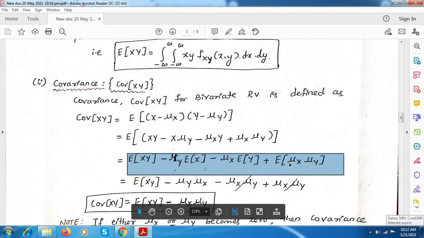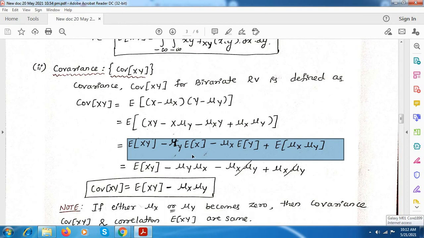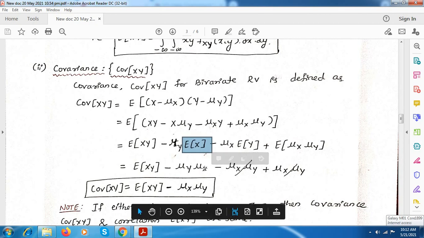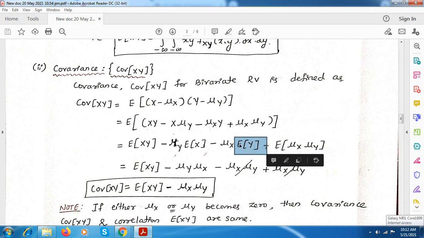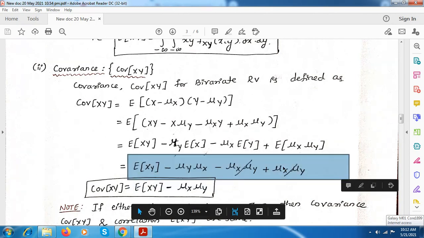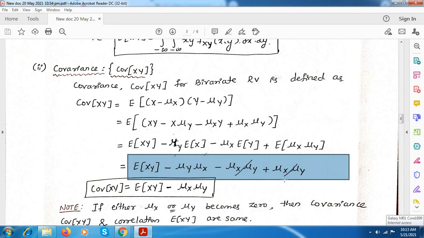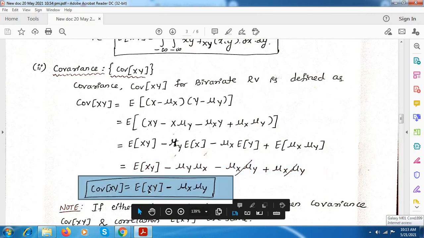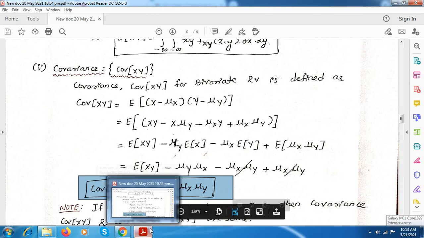Here also this is constant, so you can write it as plus mu x into mu y. So if you see here, this will be E of x, nothing but mu x, that is the mean value. Here it is E of y, that is expectation of y, which will be nothing but mu y. So if you see these two terms, here it is minus mu x into mu y, and here it is plus mu x into mu y. You can just cancel that, and covariance you get as E of xy minus mu x into mu y. So this is the covariance formula you have.